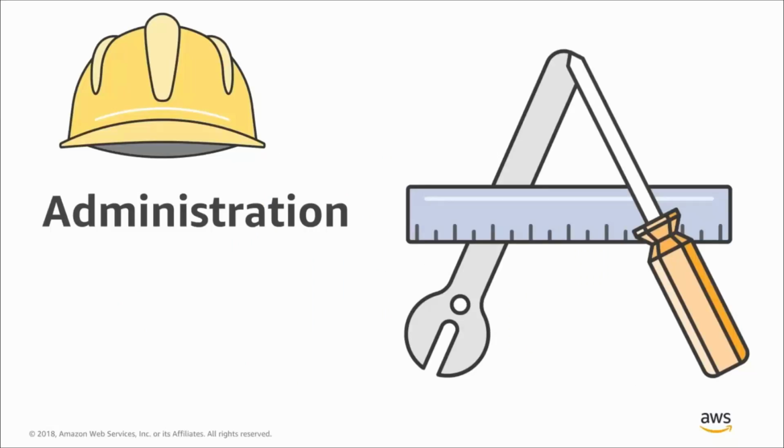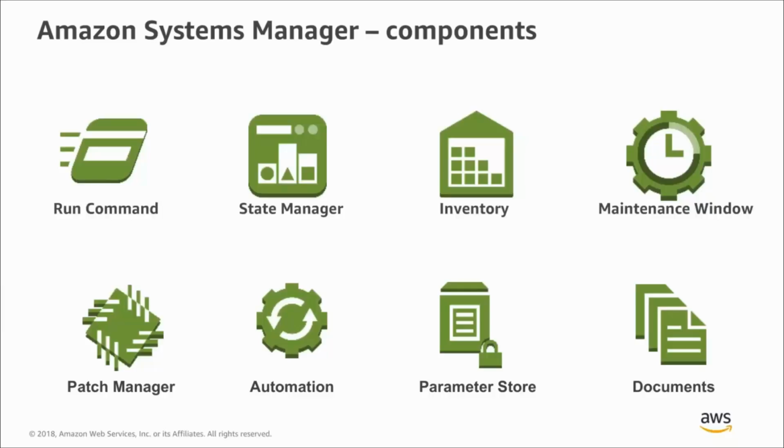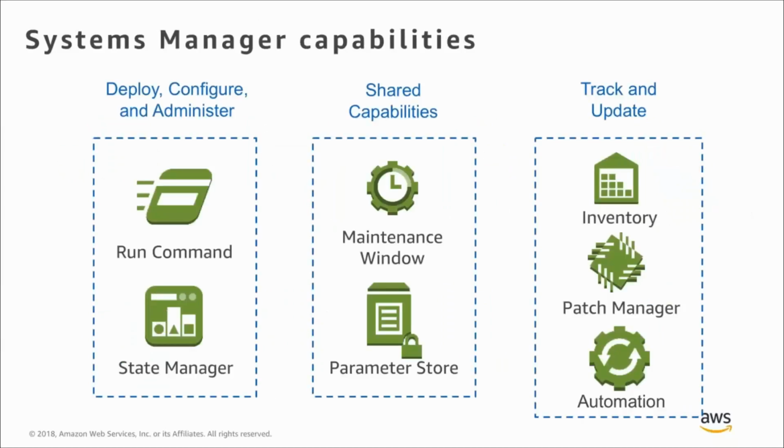Now the last topic that I want to touch on is the administration of Windows servers. We have Amazon Systems Manager, which is built to help you manage and scale the management of EC2 Windows instances. It also supports Linux, but it fully supports Windows as well. There's a bunch of components here on the screen, and you can divide them into three categories.